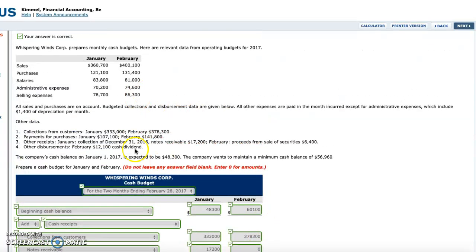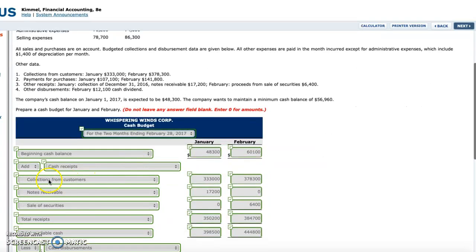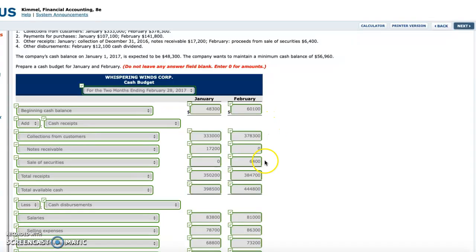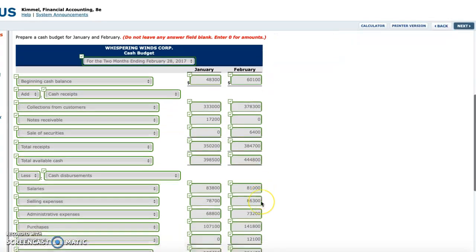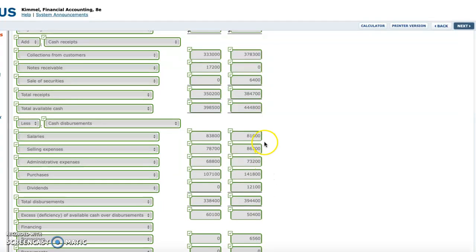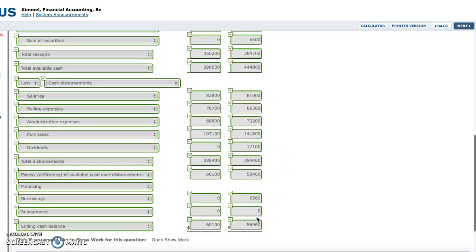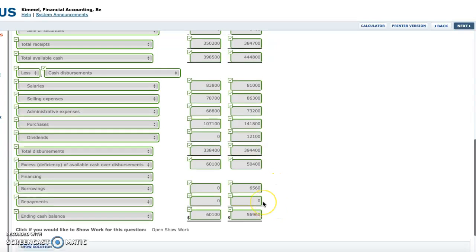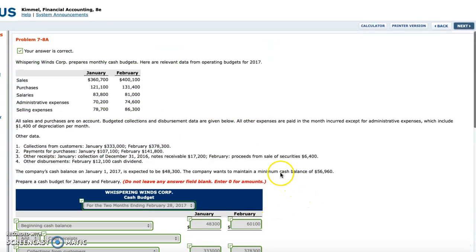You're going to find your answers here, plug them into the right accounts, and continue to do the math the same exact way. Add these to get here, and then you're going to go through and find these, and add these to get here, and then subtract here and here to get this number here. And then they want to end their cash minimum balance.